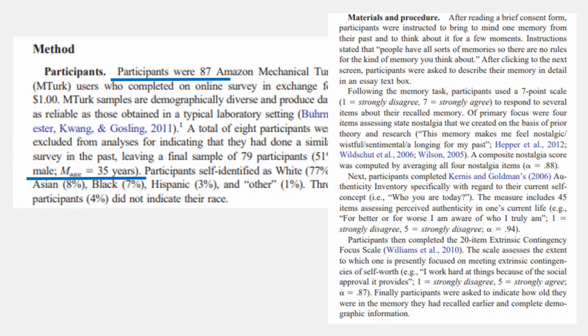So key things you're going to want to include in this section are basically what are the scales you used. So you're going to describe the survey, you're going to name the scale that you used, and you're going to include some key information about it. You're going to want to indicate what the response format is that you used.